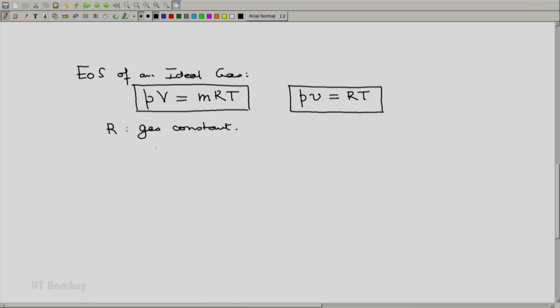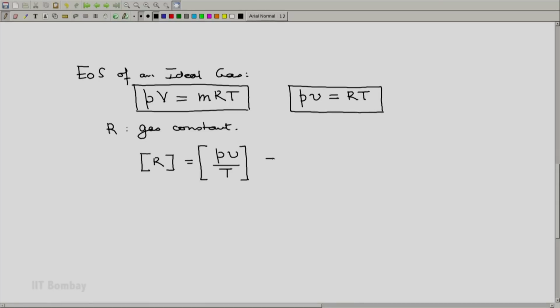And let us look at the units of R. Notice that units of R will be units of the ratio of the product of pressure and specific volume to temperature. Since PV, the product, has units of work done, say joule, T will have to have units of Kelvin, ideal gas temperature, so the unit is Kelvin.